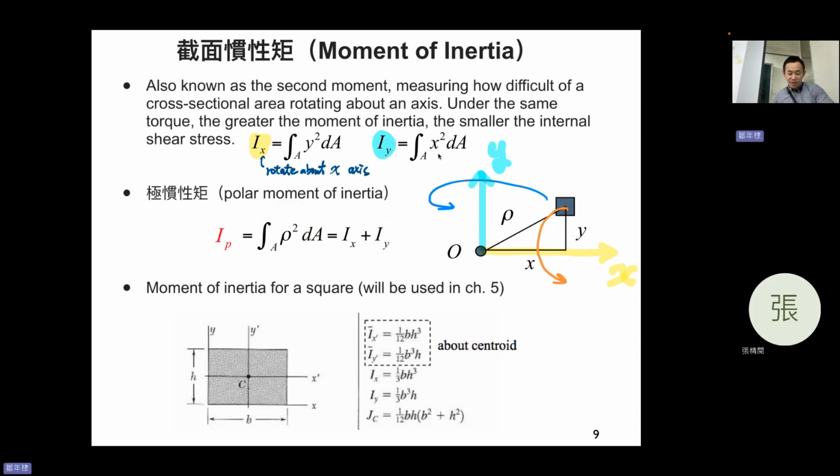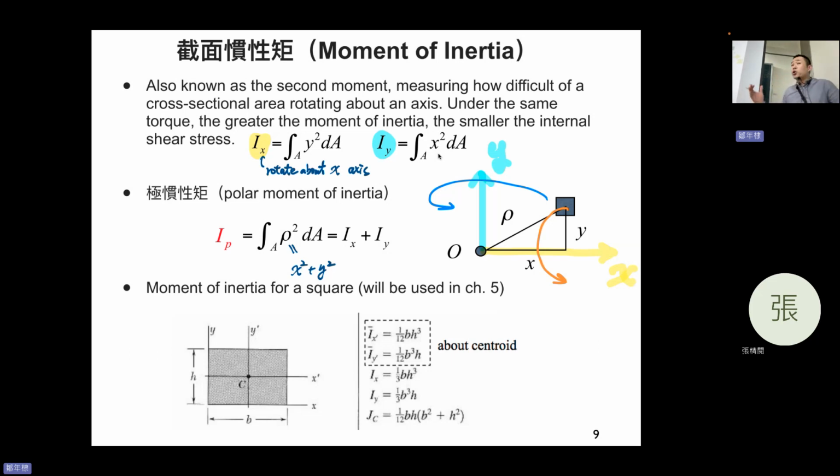Why? You see that Ix and Iy involve y squared and x squared. Put together they become rho squared, the Pythagorean theorem, right? So Ix plus Iy equals the integral of rho squared dA. Rho squared equals x squared plus y squared, right? So IP equals Ix plus Iy. So this is the extra information.